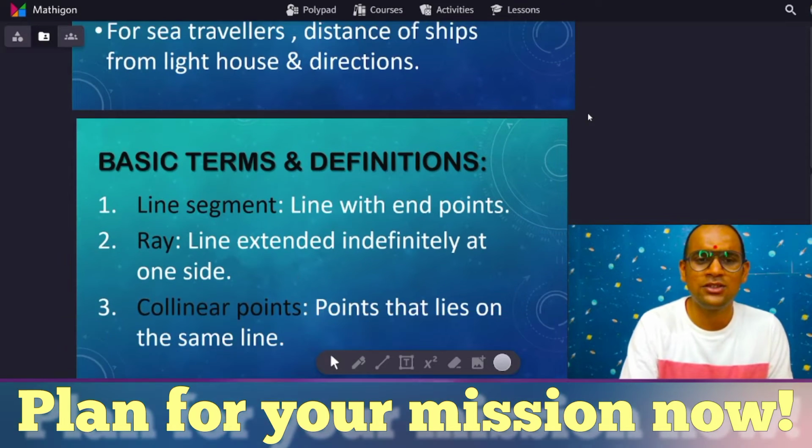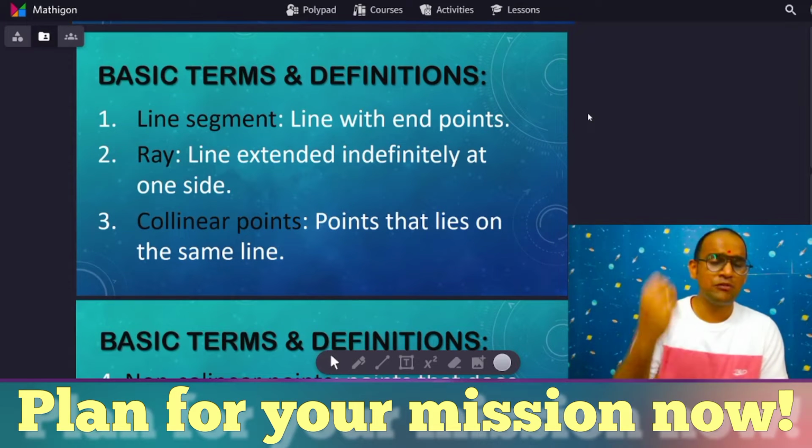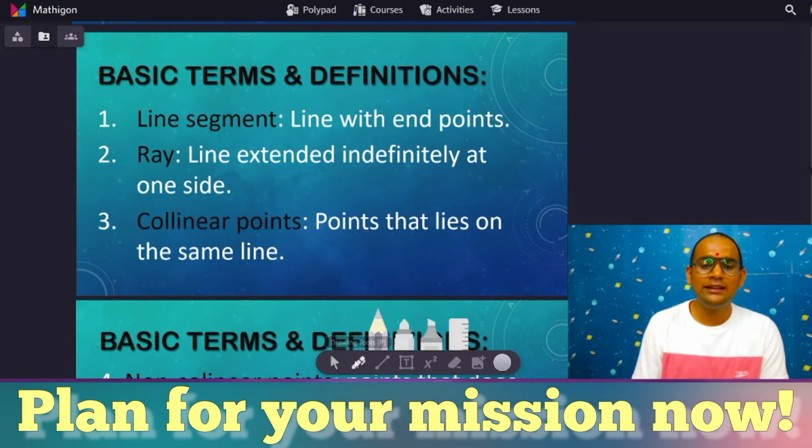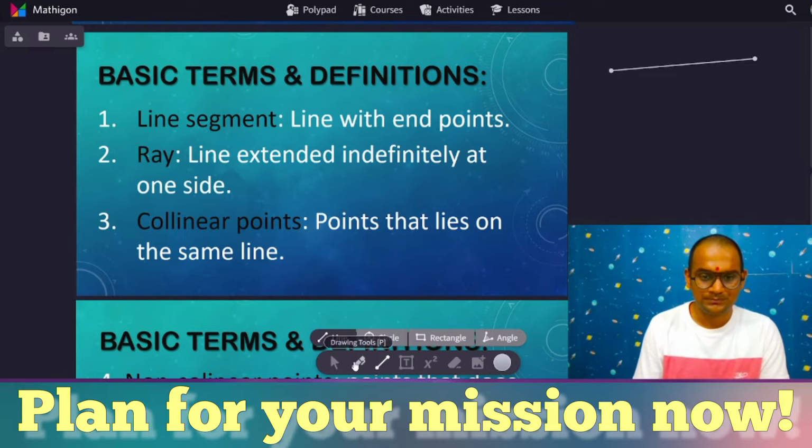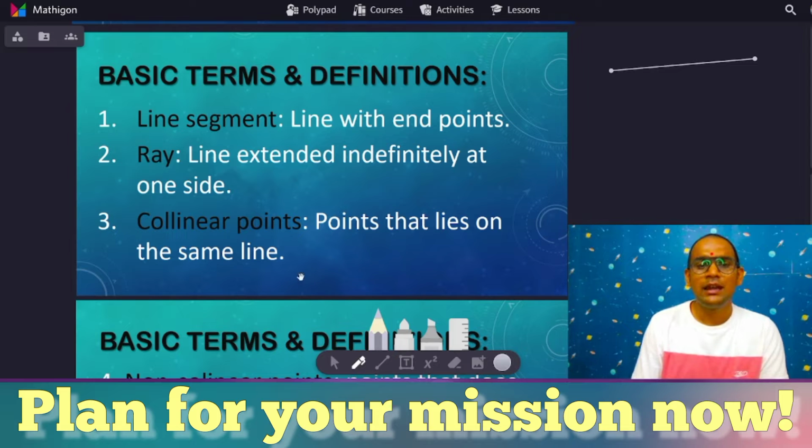We will start this chapter with basic terms and definitions, which you already know, but let's quickly revise them. So what is a line segment? A line segment is a line with endpoints. Over here, as you can see, there are endpoints. So this becomes a line segment, right? Now, what is a ray?